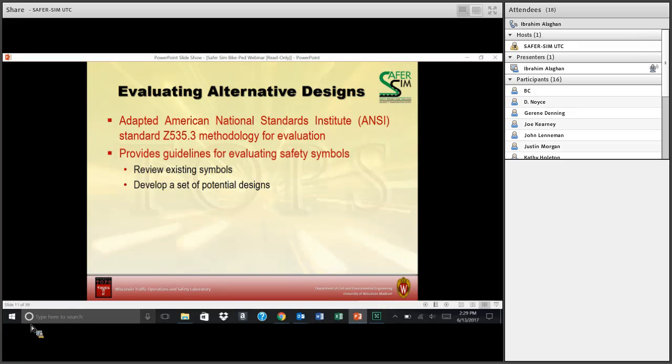What we found is that the American National Standards Institute has a methodology for evaluating new warning signs and provides guidelines for evaluating safety symbols, starting with reviewing existing symbols and developing a set of potential designs.